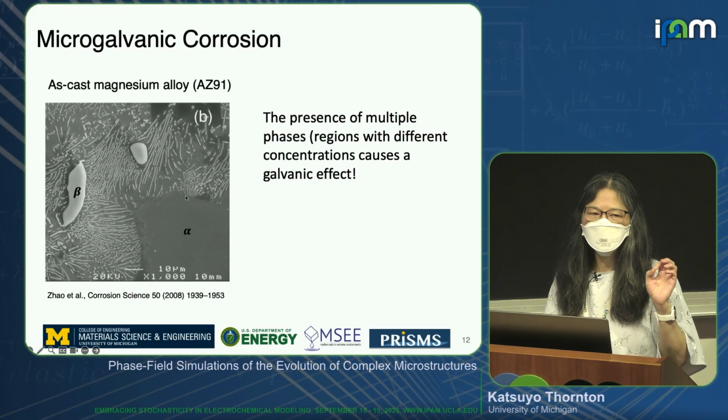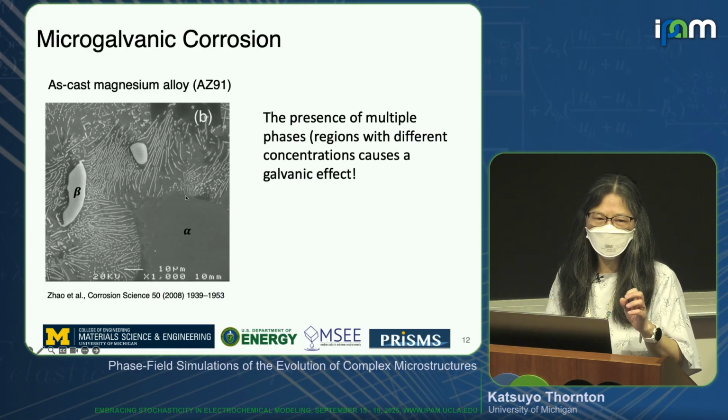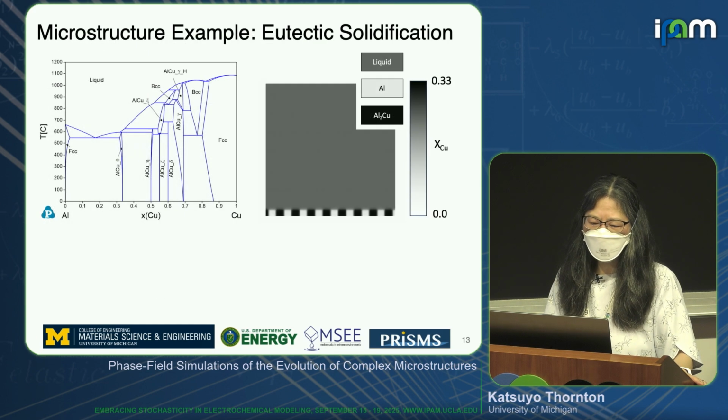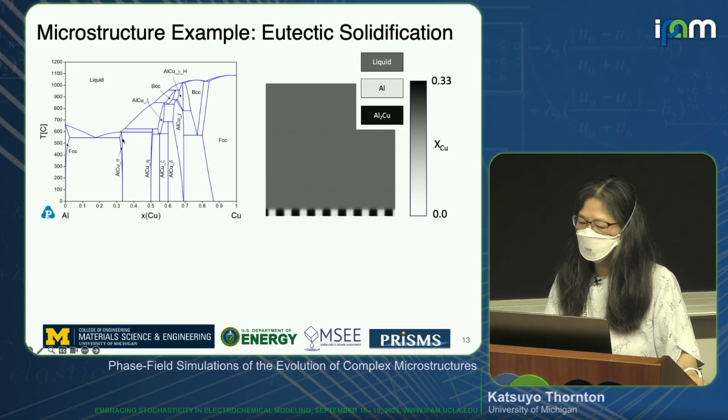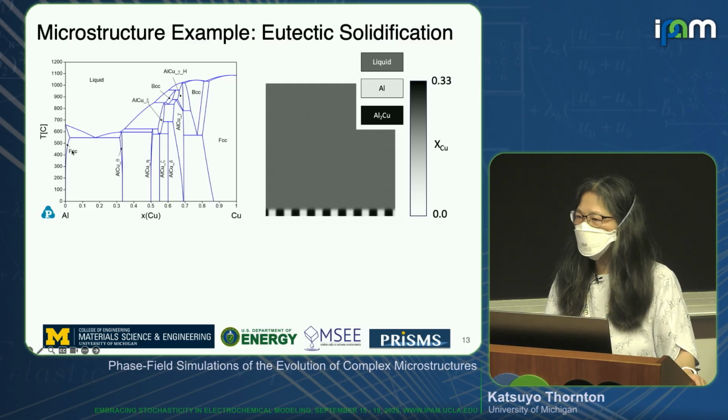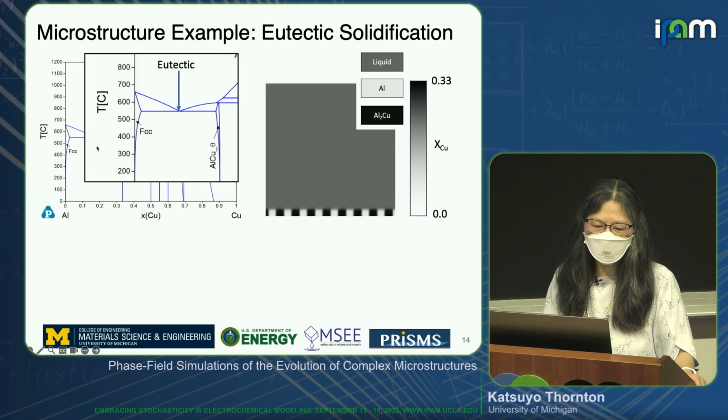So you can't really get away from having multiple metals present, and these actually start the galvanic effect. Those lamellas are interesting, and we also study them with a phase field model. The phase diagram, if some of you are not familiar with it, tells you what phases are thermodynamically expected to appear. So if you quench the liquid molten metal, here is an aluminum-copper example.